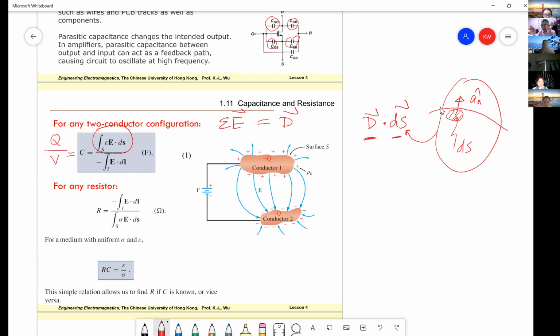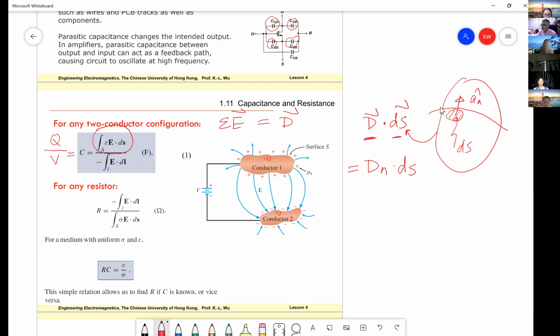We take a normal component, because a dot product results in a scalar, right? So what's that equal to? It's equal to a normal component, and then multiplied by the total area.